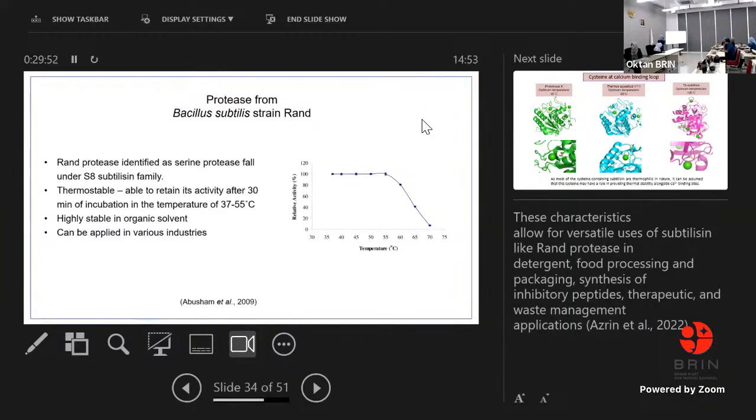It was characterized as thermostable because it is able to retain its activity after 30 minutes of incubation at temperatures between 37 and 55 degrees Celsius. It is also highly stable in organic solvent, which makes this protease a candidate that can be applied in various industries.